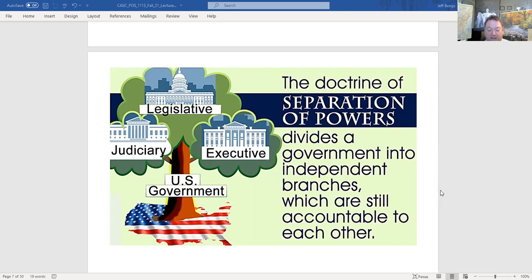And if the Senate was okay with it, all 13 states would have to approve. All 13, 100% approval.